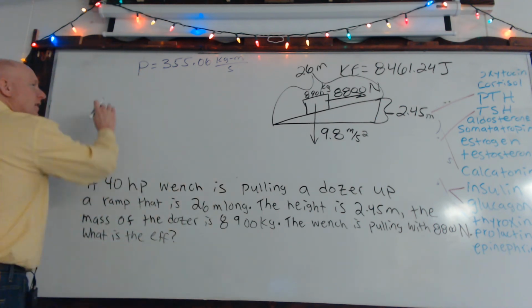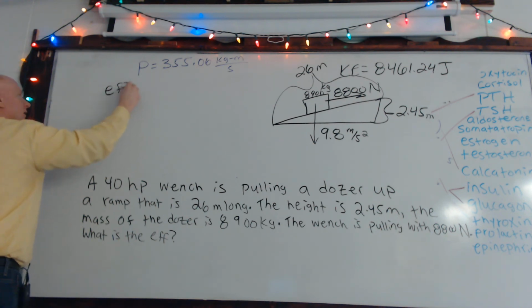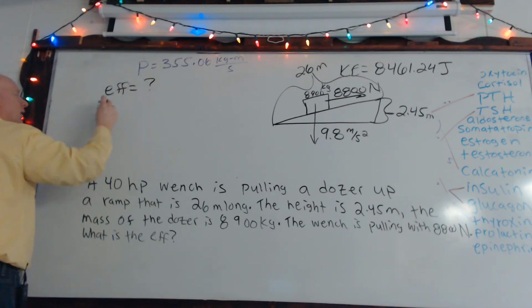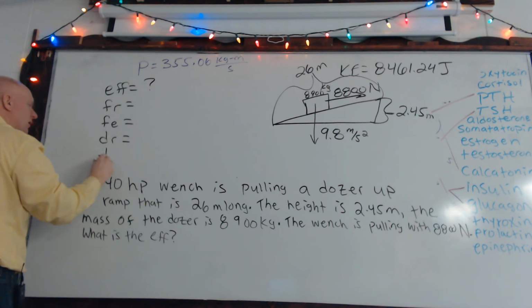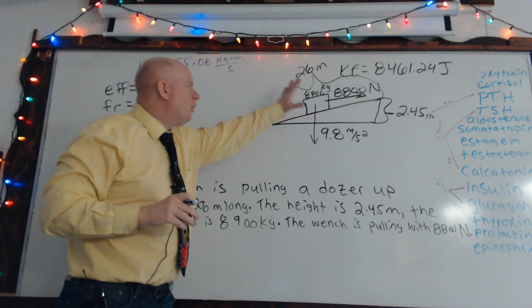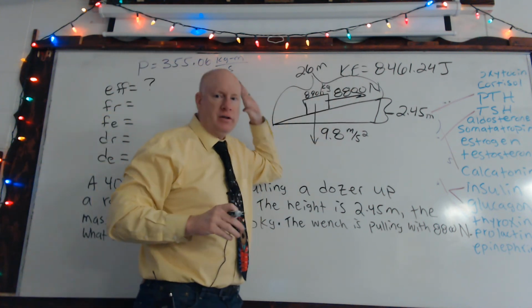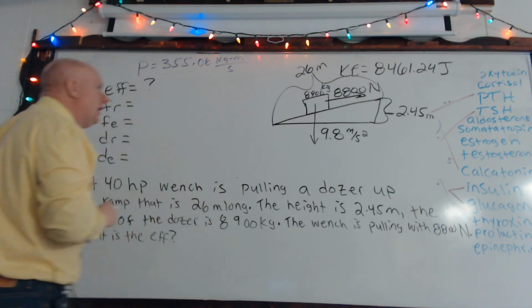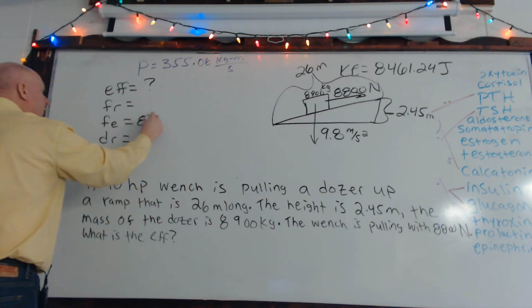All right. So anyway, with that, we're looking for this. In that formula, we need a resistance force, we need an effort force, we need a resistance distance, and we need an effort distance. So now that we got this diagram, we know that that winch is putting an effort of 8,800 newtons pulling up on that ramp.